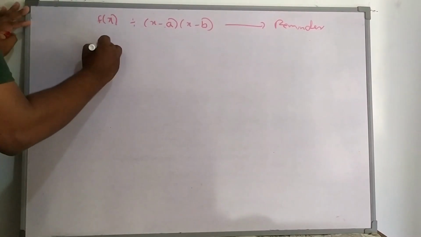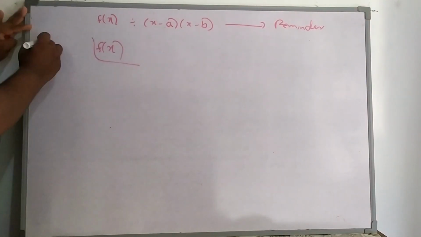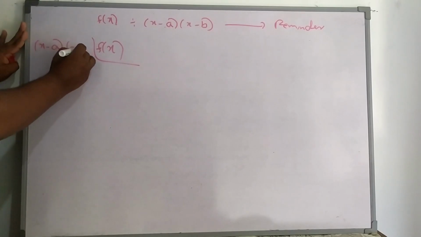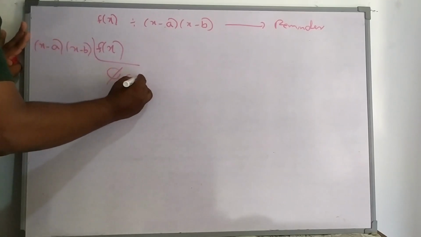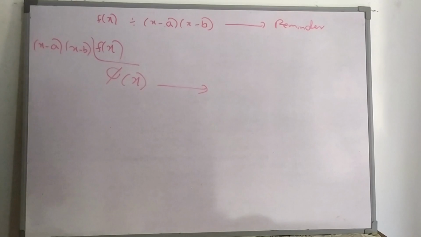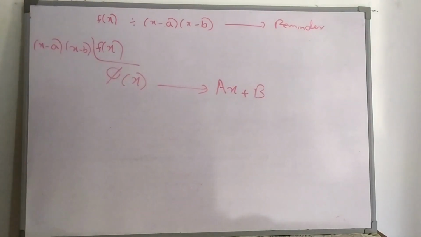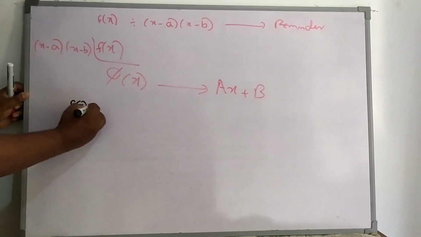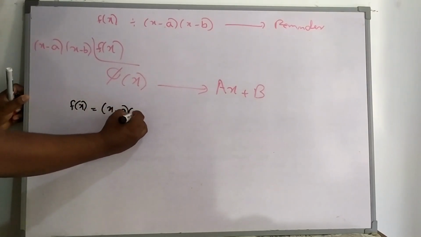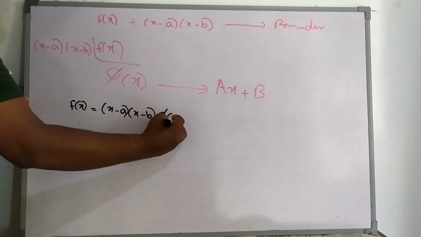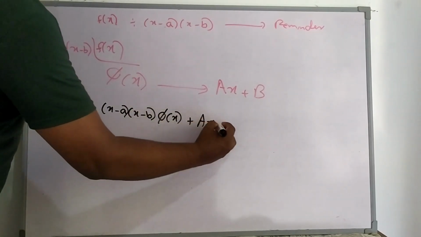So f(x) is divided by (x minus a)(x minus b), the quotient is psi(x). The divisor is second order, which means surely the remainder is Ax plus B. So then we can write the theorem.